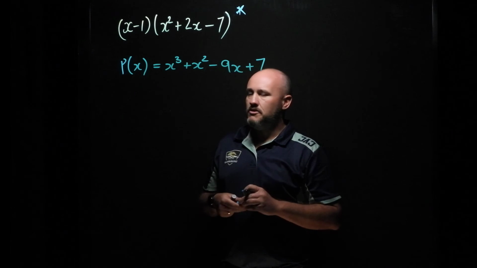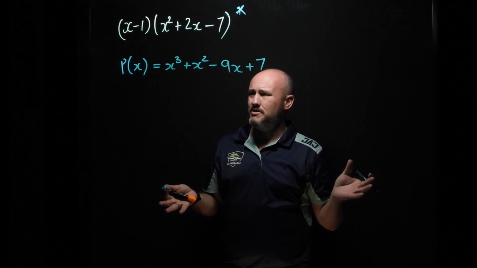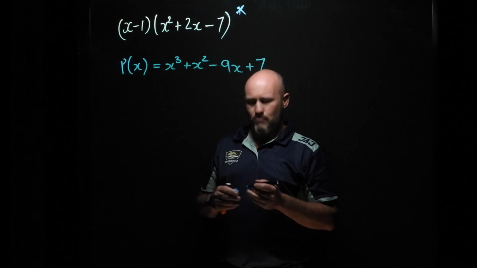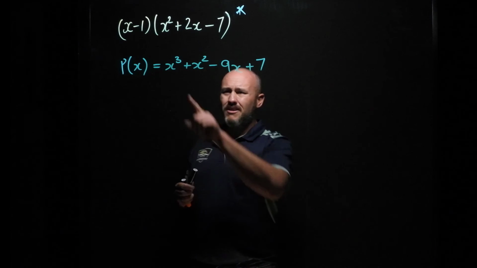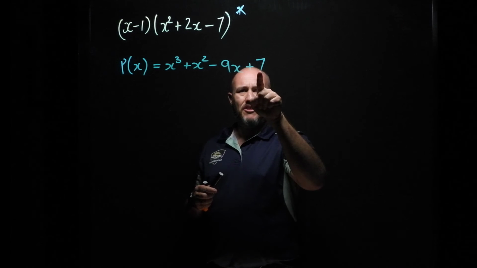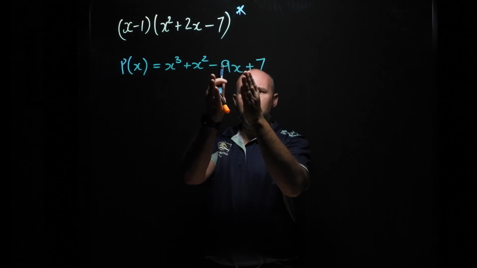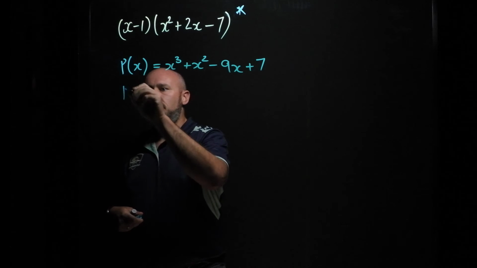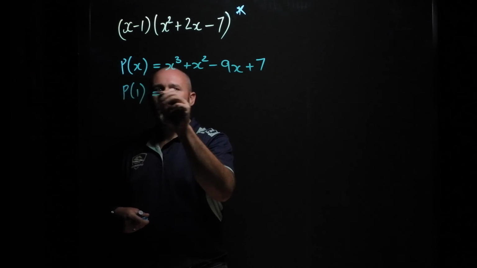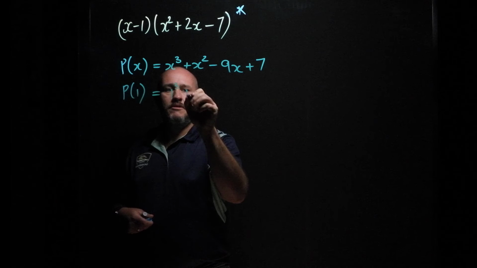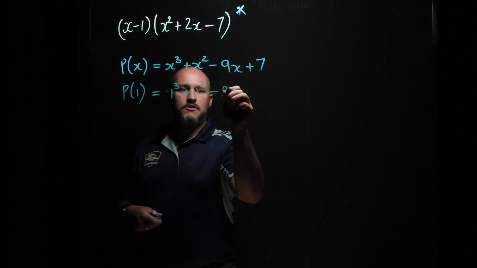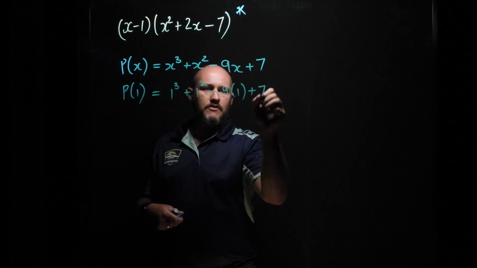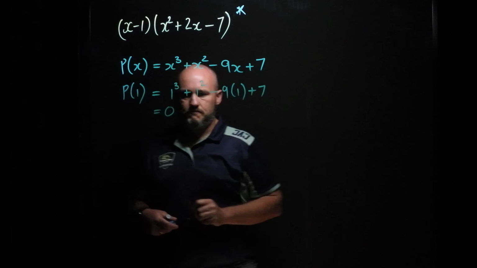If I wanted to factorise this, I might be told a factor in a question for an exam, but what I could do is just recognise here, and this is how I'm going to do this one. I've got one of these, 7 of those, and 1 and 7 make 8, and then I've got a negative 9 here. So actually this works out quite nicely in that P of 1 equals 1 cubed plus 1 squared minus 9 times 1 plus 7, which is equal to 0.